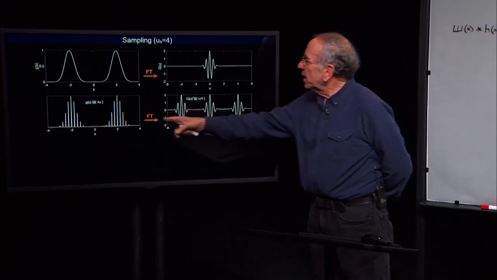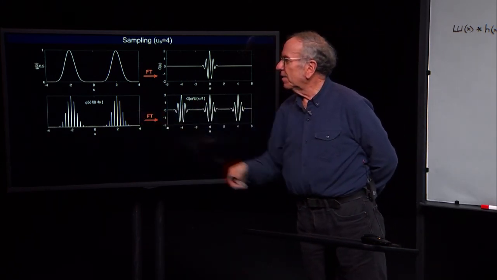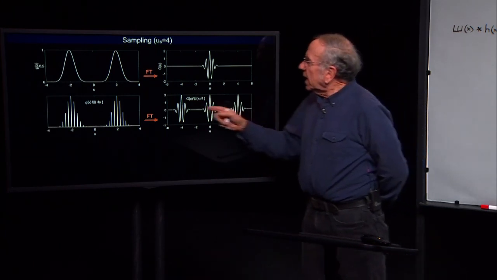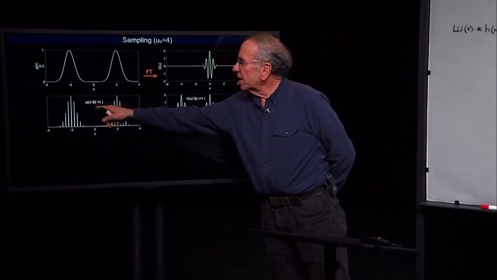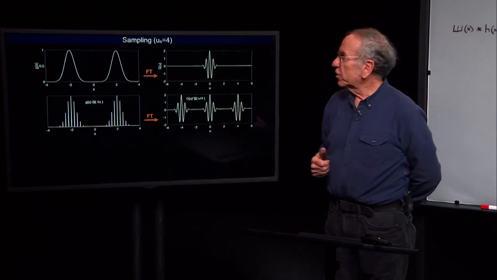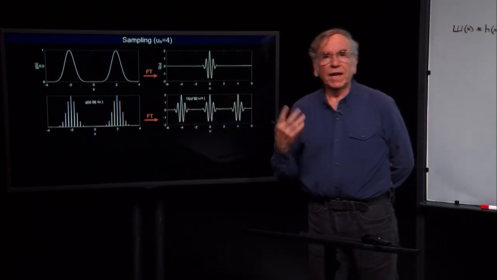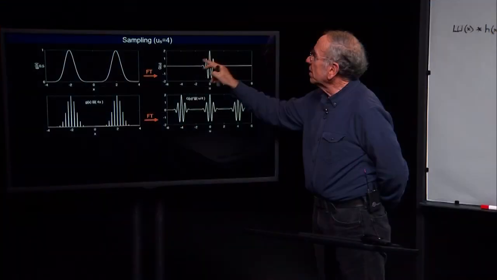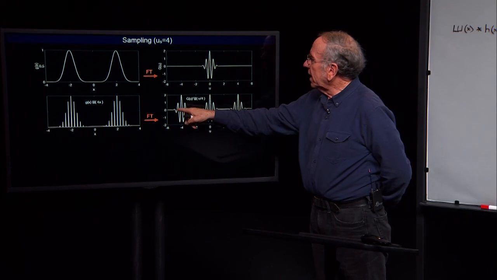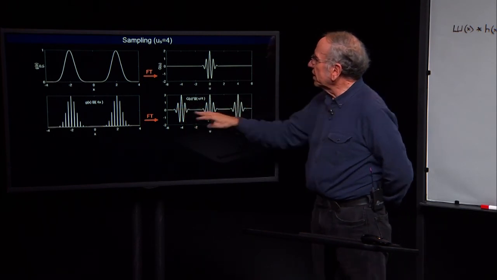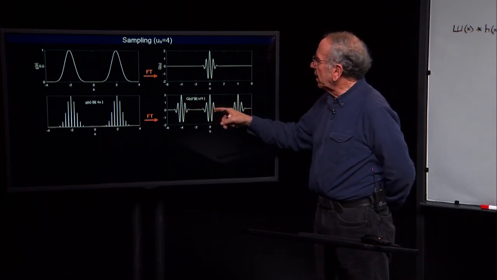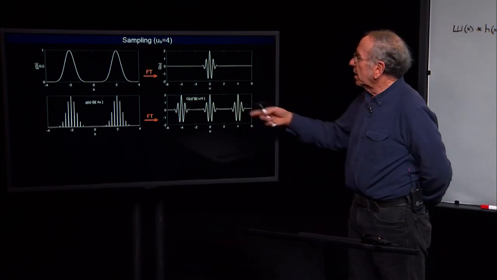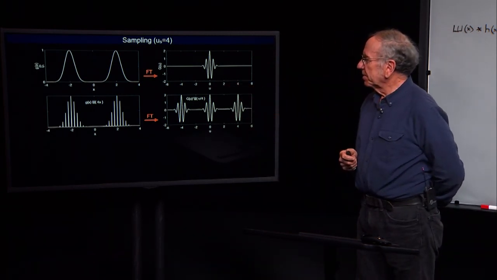Now, the trick is that we know what the Fourier transform of something like that looks like. This is the product of g and the Shah function, and in the Fourier domain that product turns into a convolution. So what we have here is the convolution of my original Fourier transform with a set of delta functions, which gives me a lattice full of copies of the original g of u function.